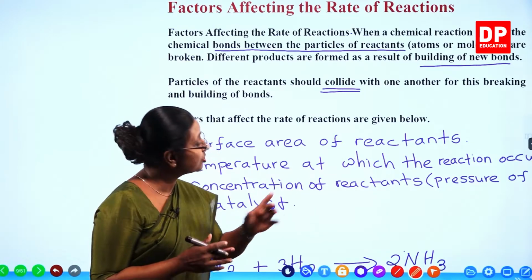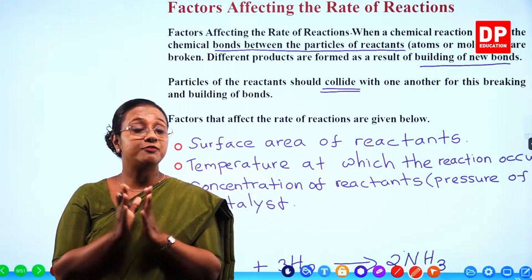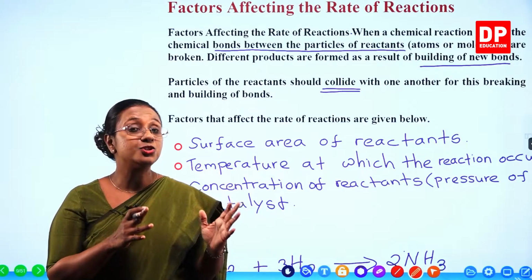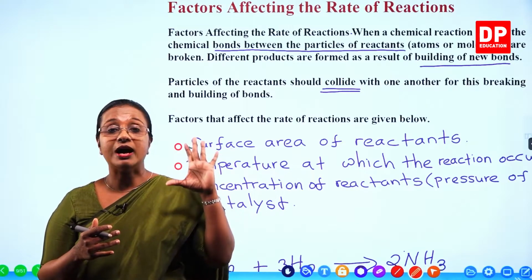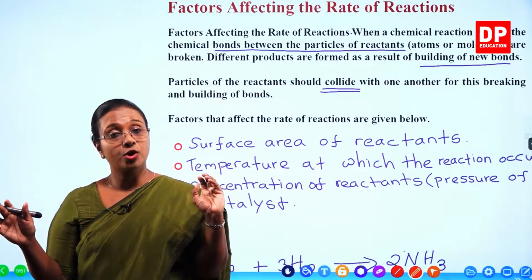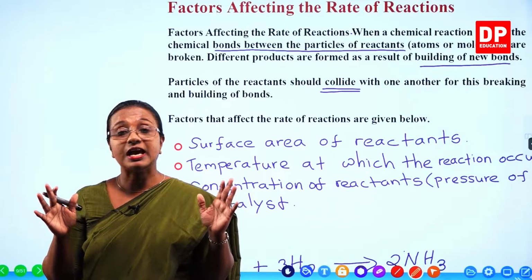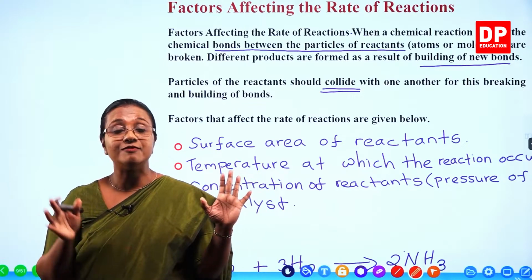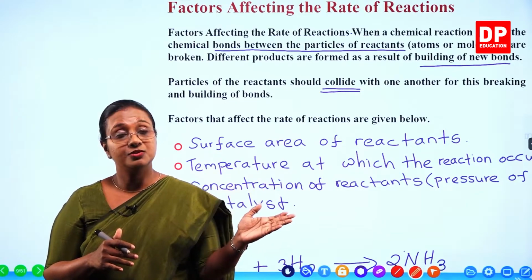Then concentration of reactants. When we say concentration of reactants, students, you have to remember when we take a solution, I have explained this to you in the previous lesson also. Say hydrochloric acid: you have the pure acid, and you have water. When you mix them together, you get the hydrochloric acid solution. If the amount of acid is more and water is less, we call it a concentrated solution.